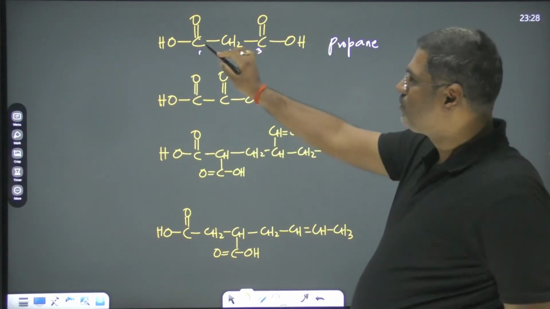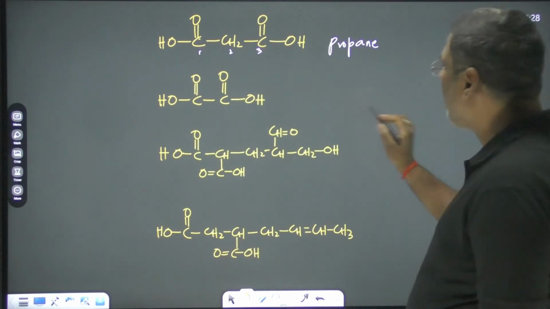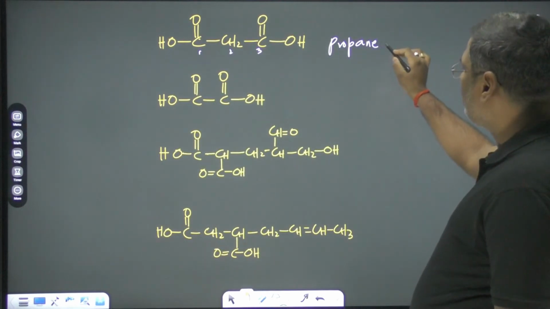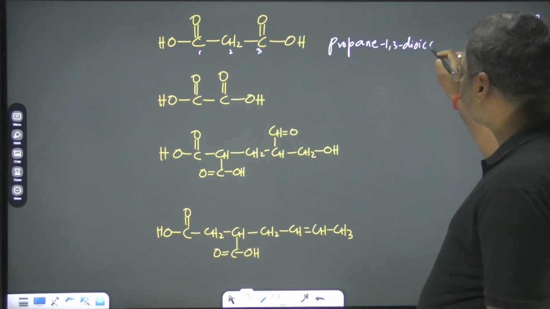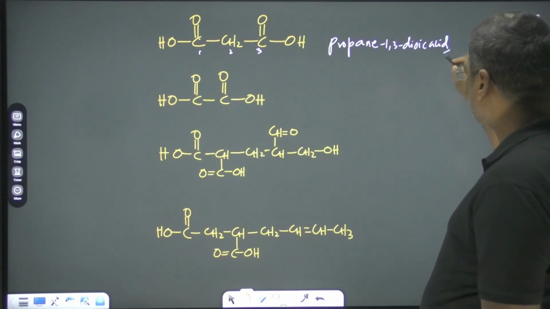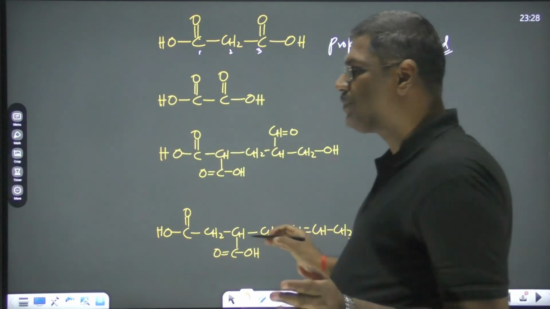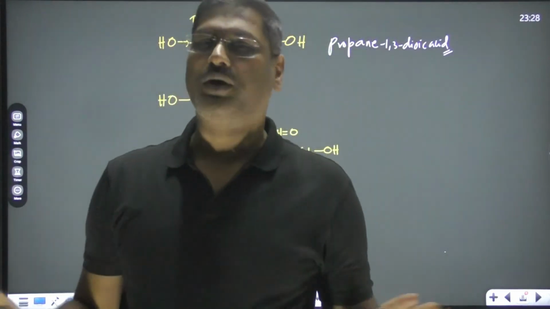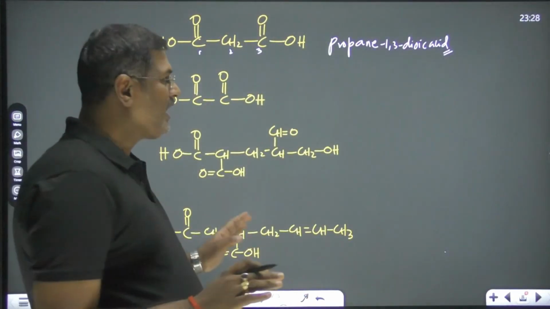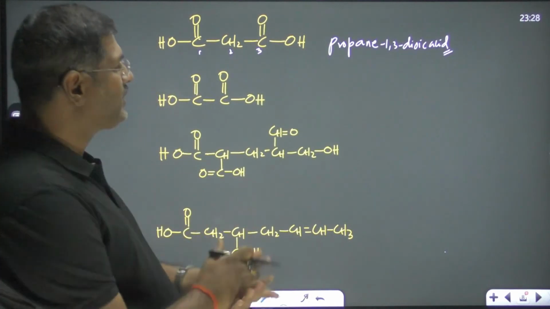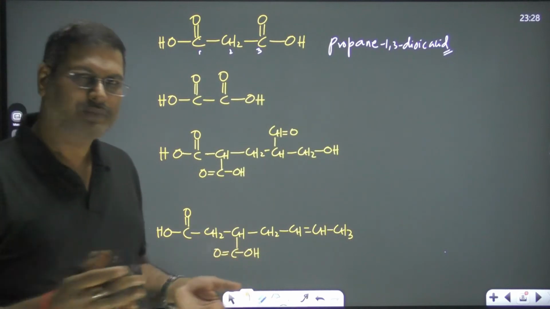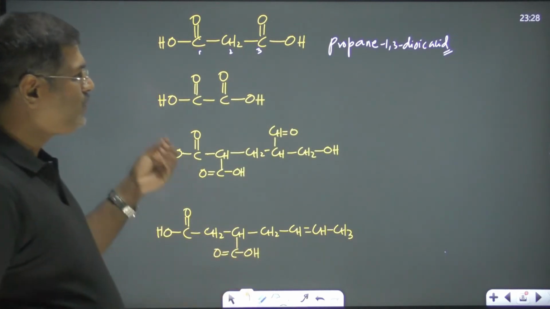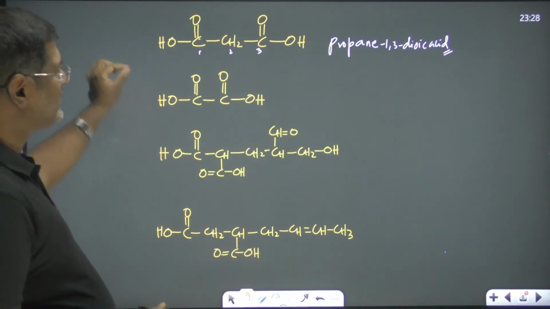Because we know that the 2 COOH groups are there, so we write dioic acid, where 1,3 dioic acid. One thing I want to tell you, you can write simply propane dioic acid, that is also correct. Propane 1,3 dioic acid is also correct. Because there is no confusion, propane dioic acid means this only.